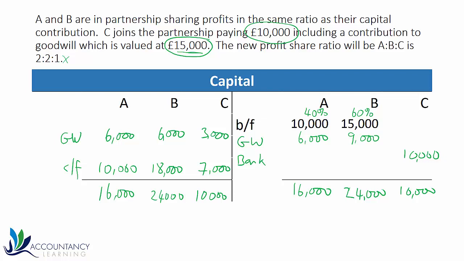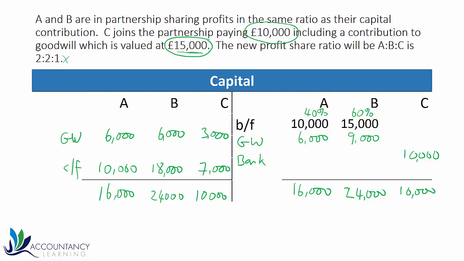Now, why is partner B getting this 3,000? Well, we can see that because of the change in the profit share ratio, before we had 40 and 60%, didn't we? But afterwards, partner B is going to be getting less of the profit share.